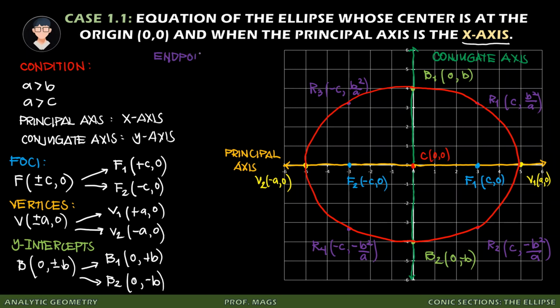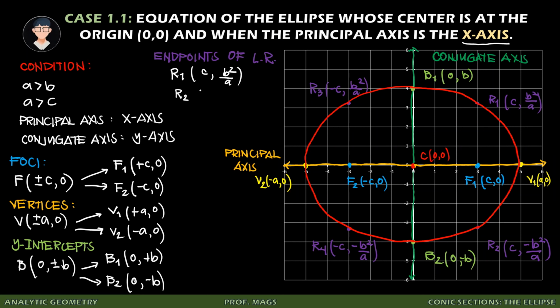The endpoints of LR, or the latus rectum, are R sub 1, positive c and b squared over a.